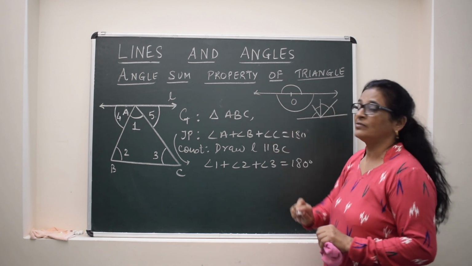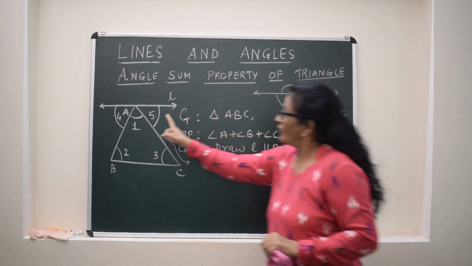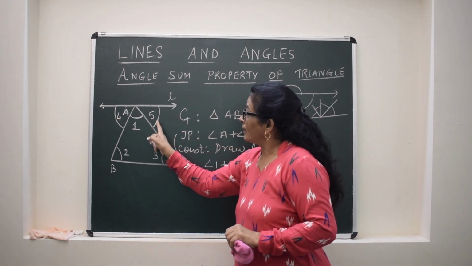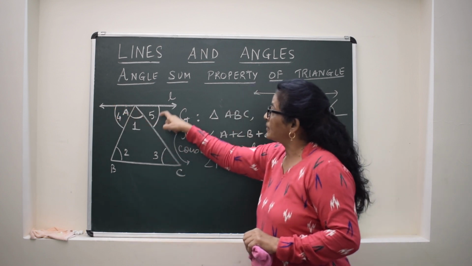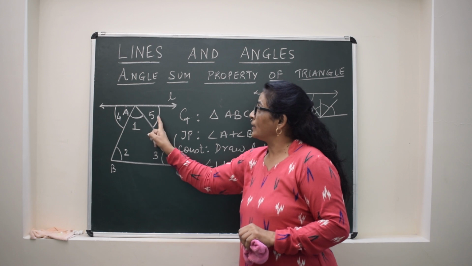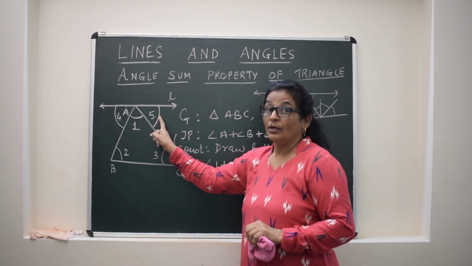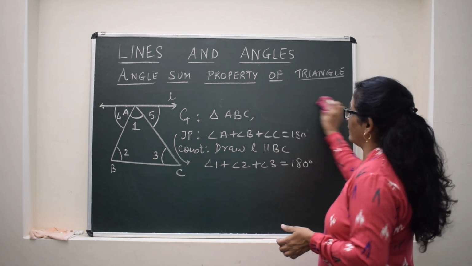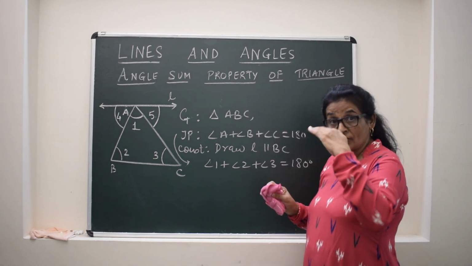The same type of situation is here. Angle 5 plus angle 1 plus angle 4. These all three angles are drawn on the same side of this line L. So angle 4 plus angle 1 plus angle 5 will be equal to 180 degrees. And what is the reason? Straight angle, because they are formed on the straight line.